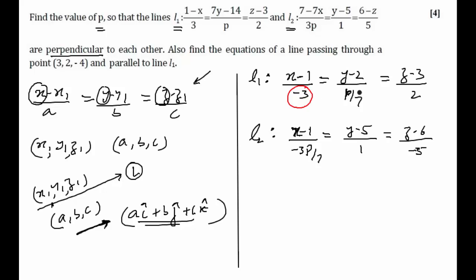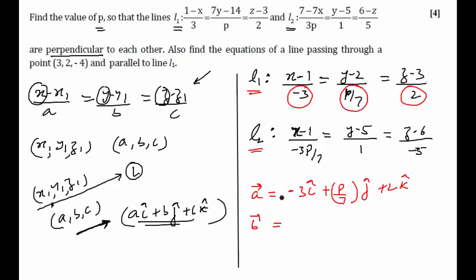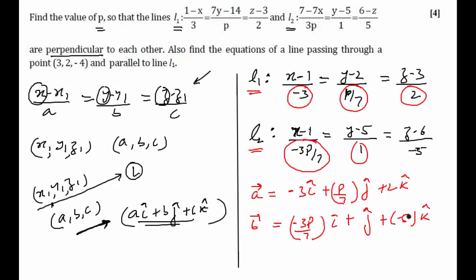So basically L1 will have direction ratios minus 3, p by 7 and 2, which means that if I want to write some vector, let us call it a vector, in the direction of line 1, then that vector can be written as minus 3 i cap plus p by 7 j cap plus 2 k cap, right? And if I have to write some vector, let us call it b vector, in the direction of L2, then it can be written as minus 3p by 7 i cap plus j cap minus 5 k cap.